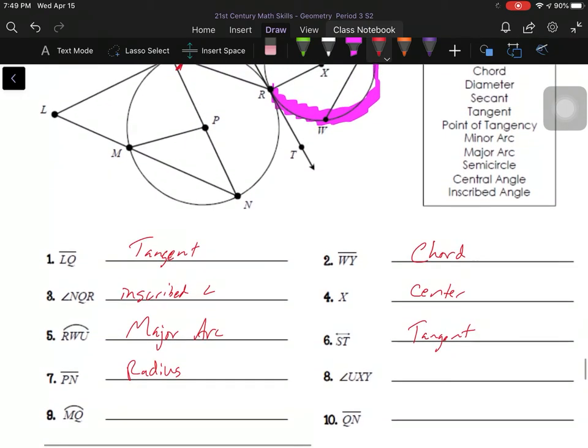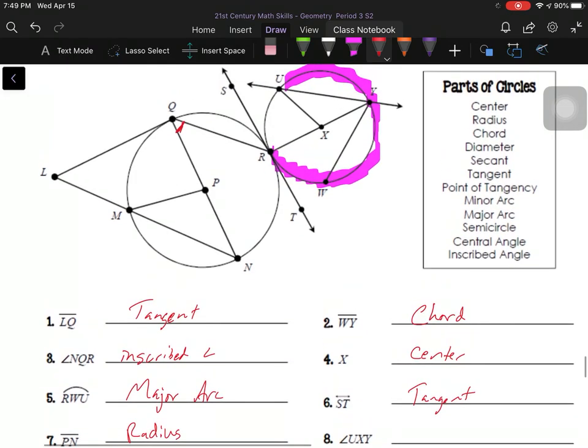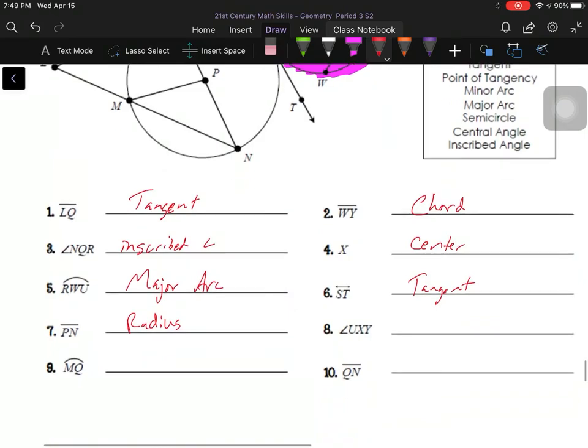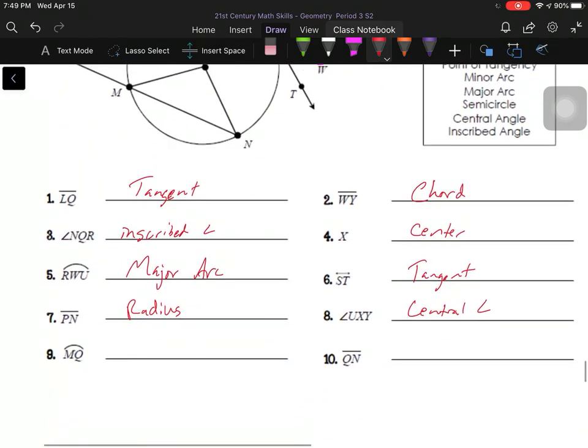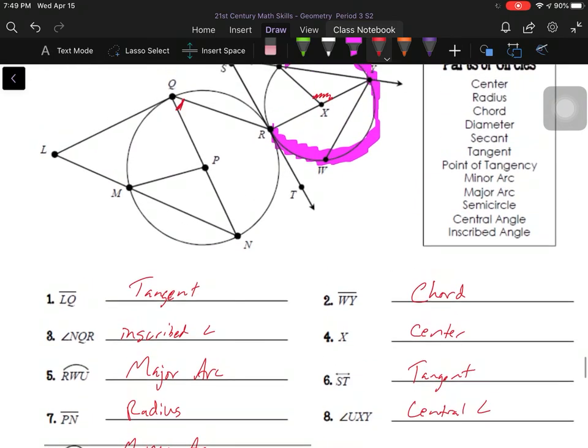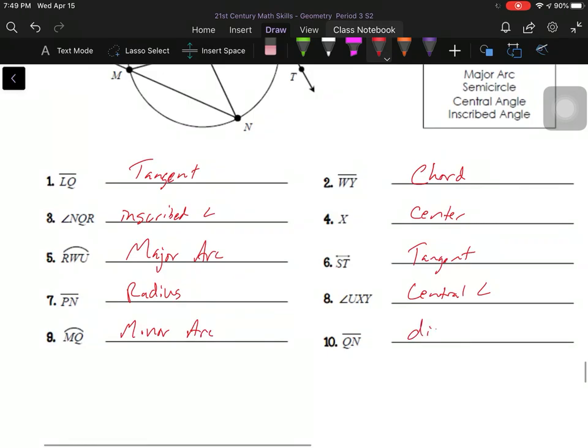UXY, that's a central angle. So again, that one's right here. Anytime it's on the center, it's a central angle. Arc MQ, that's a minor arc. And segment QN is a diameter.